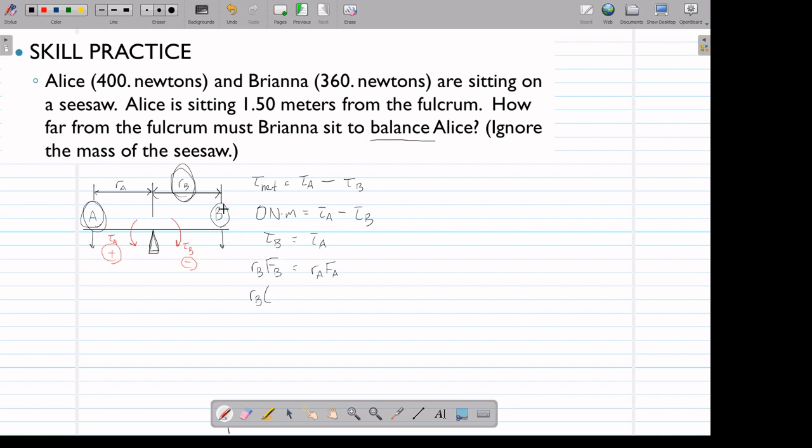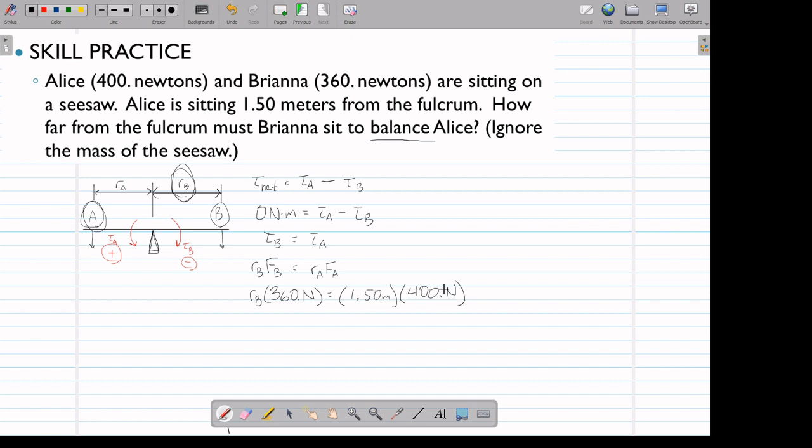So force of B, that's just Brianna's weight. That's 360 newtons. R of A, that's the distance that Alice is sitting from the fulcrum, and that's 1.50 meters. And force A, that's Alice's weight, that's 400 newtons.